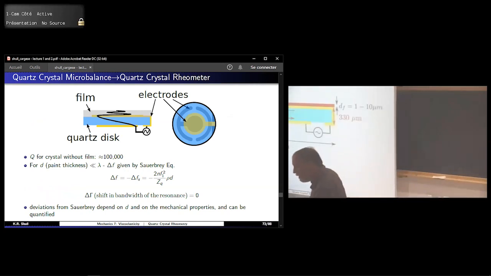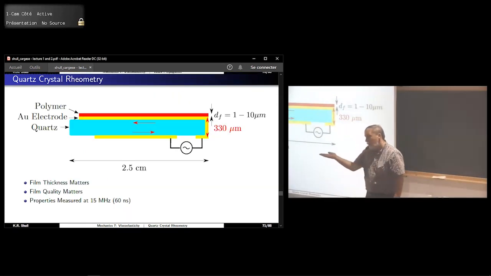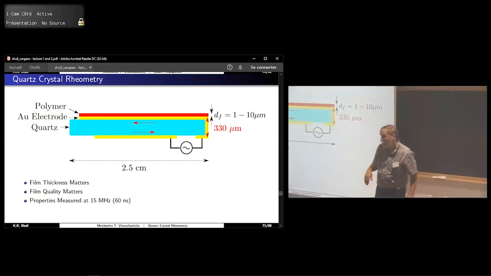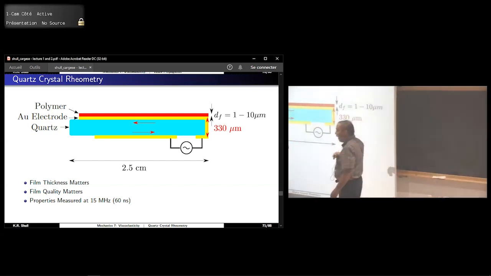What's that? Well, it's going this way. So basically, the displacement is just parallel to the film that's on top of it. So you mean, why do you get shear in the first place? Yeah, that's just the piezoelectric properties of the quartz. It depends how you cut it, but quartz is non-centrosymmetric.